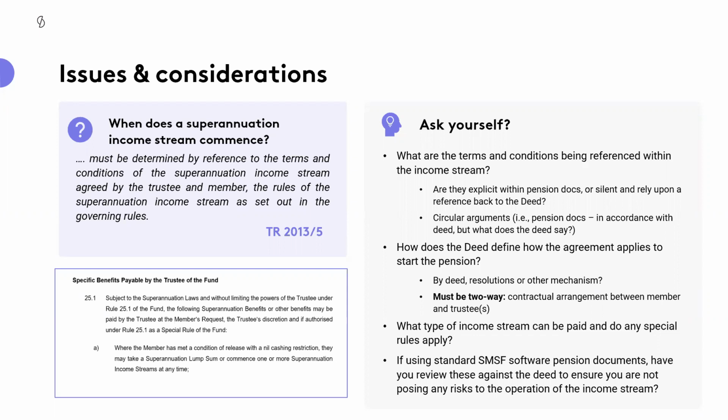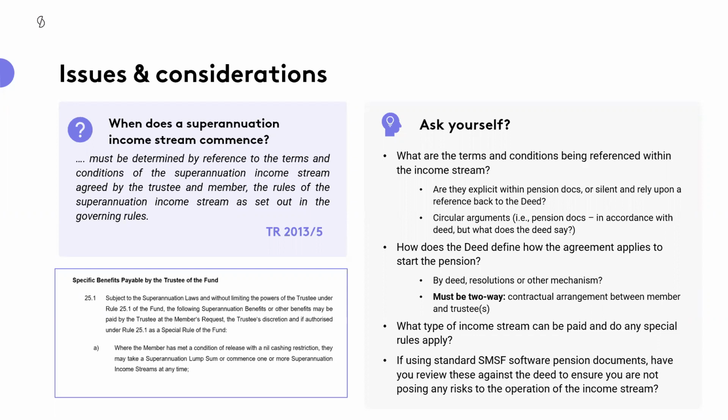We also need to think about what type of income can be paid, and do any special rules apply to this? We have the requirements set out in Reg 106, and specifically 106.9A for account-based pensions, but we may want to add layers to that, potentially adding additional conditions into the income stream if we wanted to. There's nothing that prevents or prescribes us from doing so.